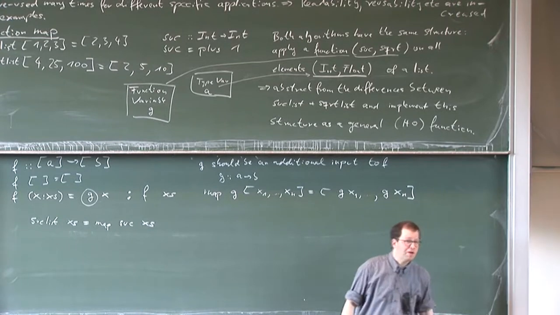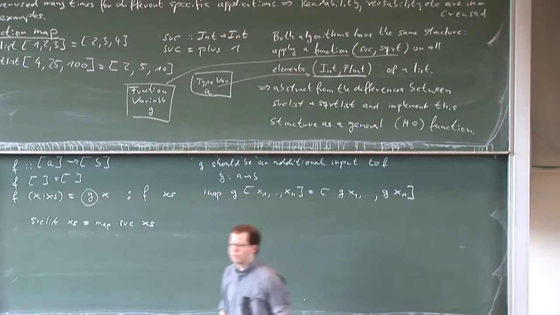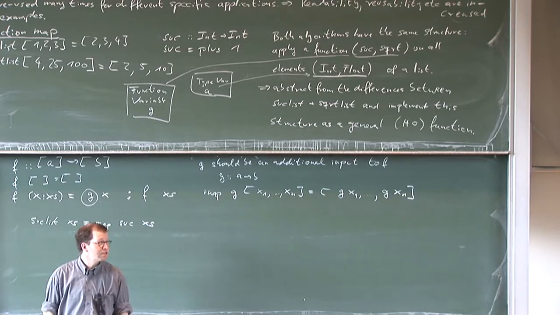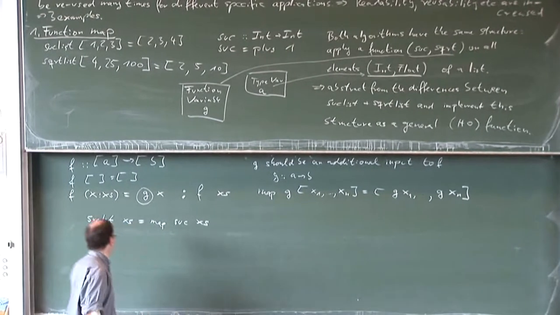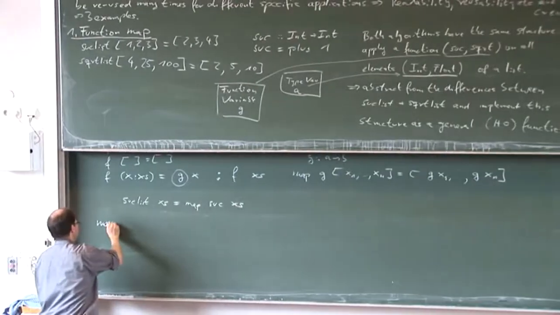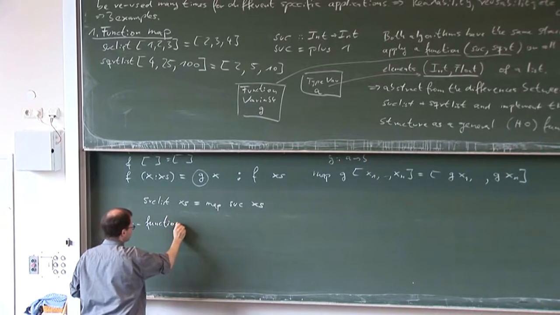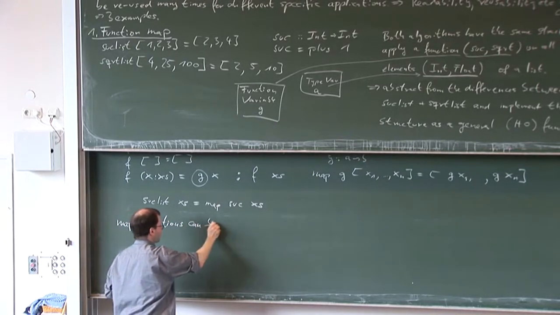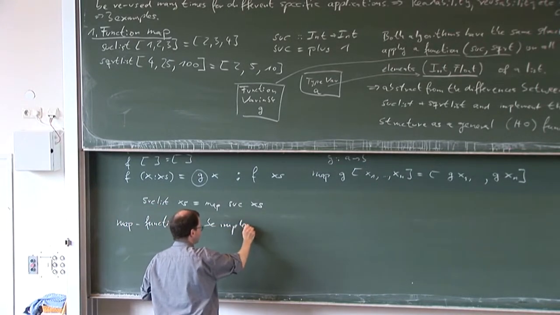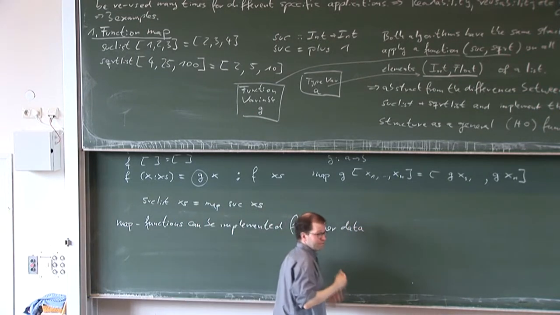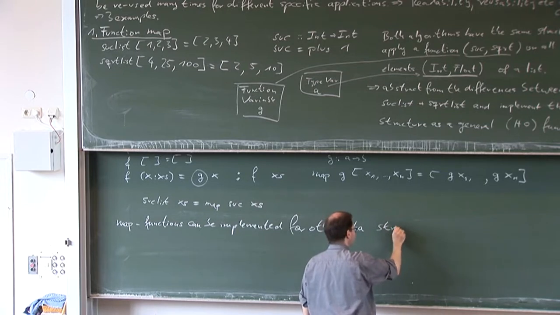Or if you define graphs, then you could implement a map function which applies a function to every node in this graph. So in general, map functions, which are similar to this map, can of course be implemented for data as well. So also for user-defined data structures.